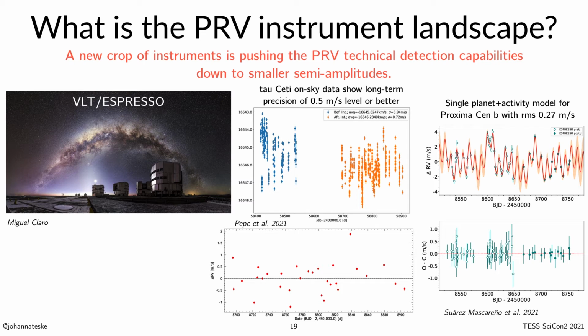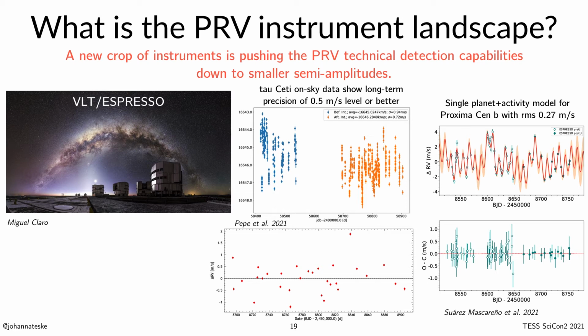They have on-sky data of Tau Ceti showing long-term precision of 0.5 meters per second or better. And then just in, I think, a single night, this was demonstrating something like 25 centimeters a second precision. And then this was just another example observing that Proxima b planet.